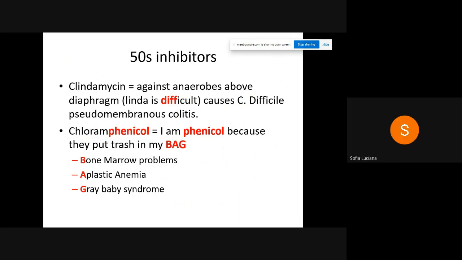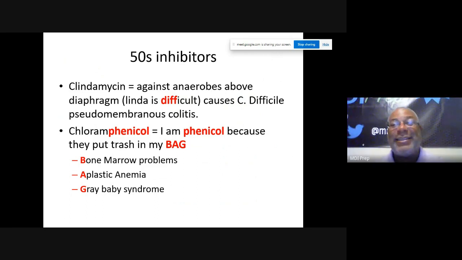I said 30S. I'm just asking, in general, if I were to ask you the antibiotics that work by targeting the 30S ribosomal subunit, could you name those? You just say yes or no. Yes. All right. So everybody's good with that.